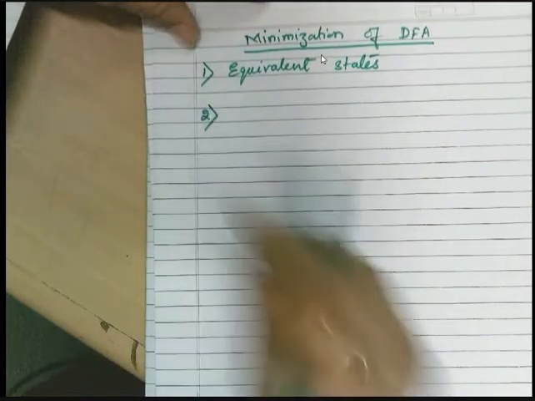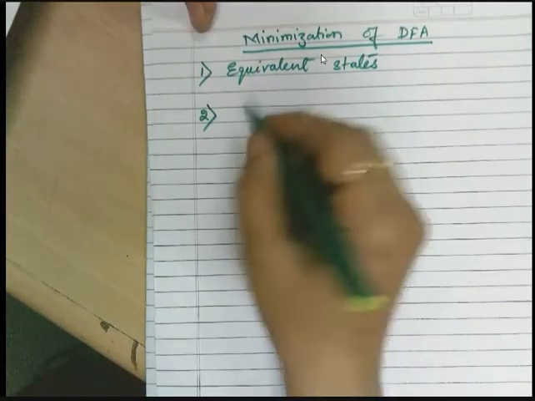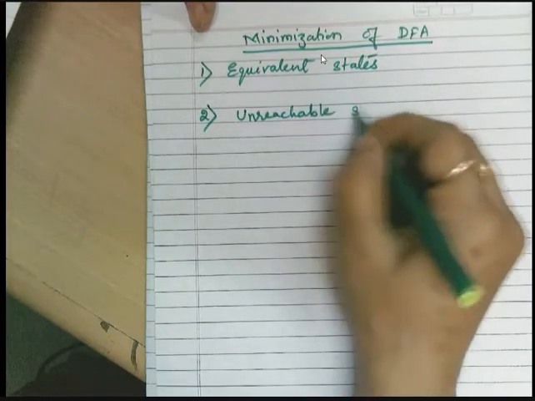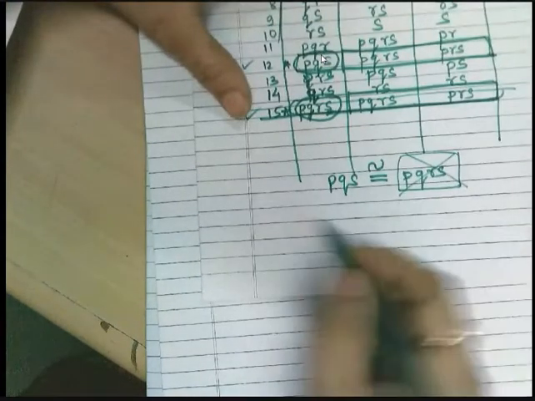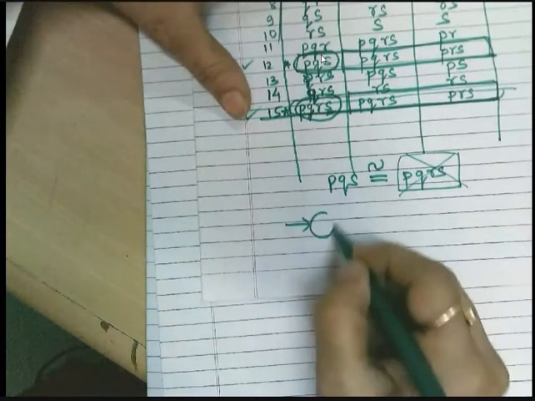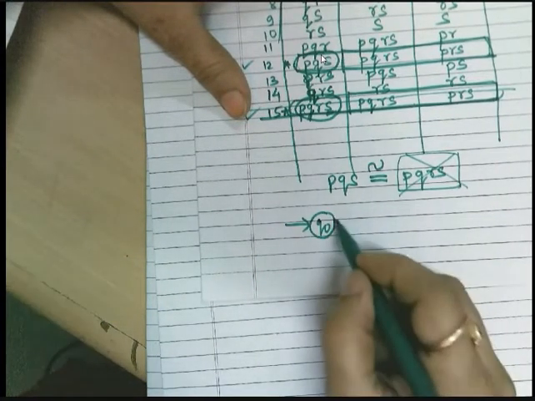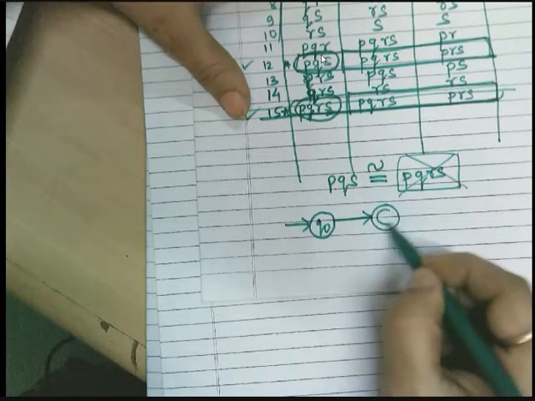Second, if you are having any unreachable state, what do you mean by unreachable state? Suppose I am having an initial state Q0 and then some final state Q1.